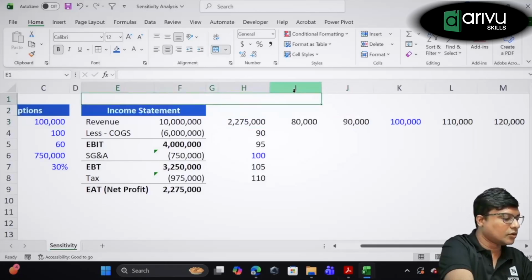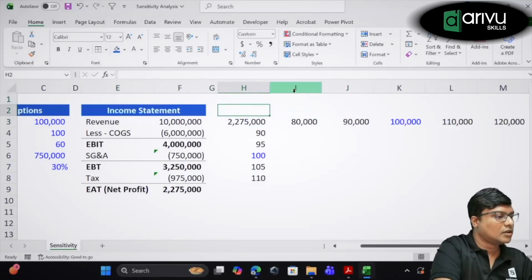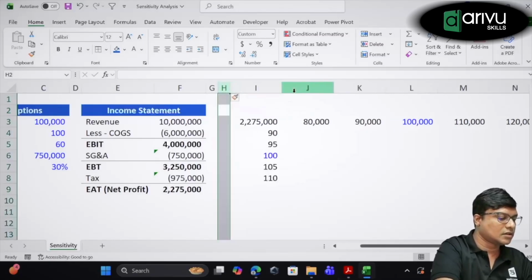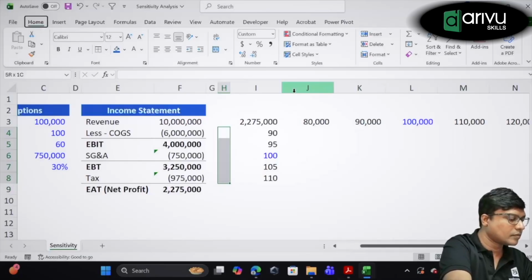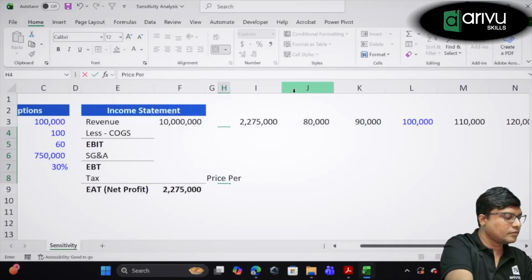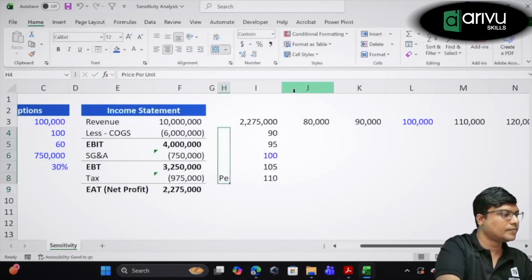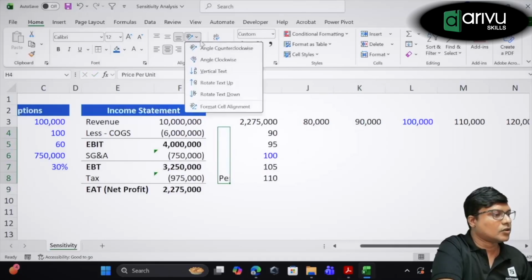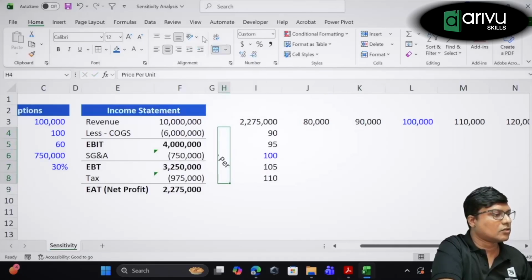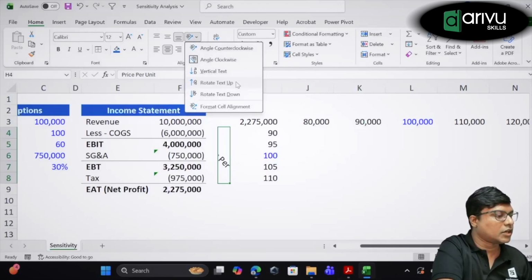So what we do is, let's insert a row here, merge this column, I'll have the header price per unit. Here go to change it to clockwise, rotate text up.